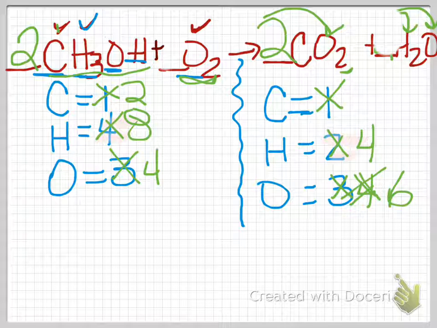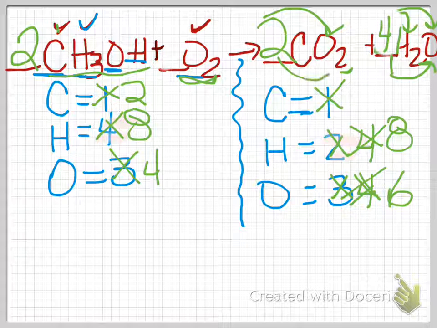That's why you need to do this with a pencil. And I'm going to put a 4 right here instead. So now I have 8 of these, and how many oxygens do I have? 4 times 1 is 4, plus 4 is 8.